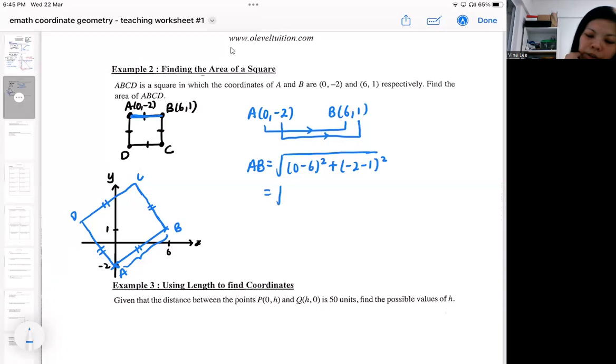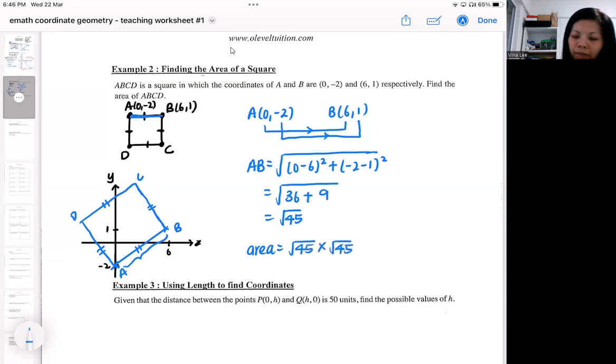Then I can just punch the calculator. This is the length of one side. I'm not going to round it to 3SF because I would like to get the area. The area is just length times length, and I actually get 45 units squared. So that is the area of the square.